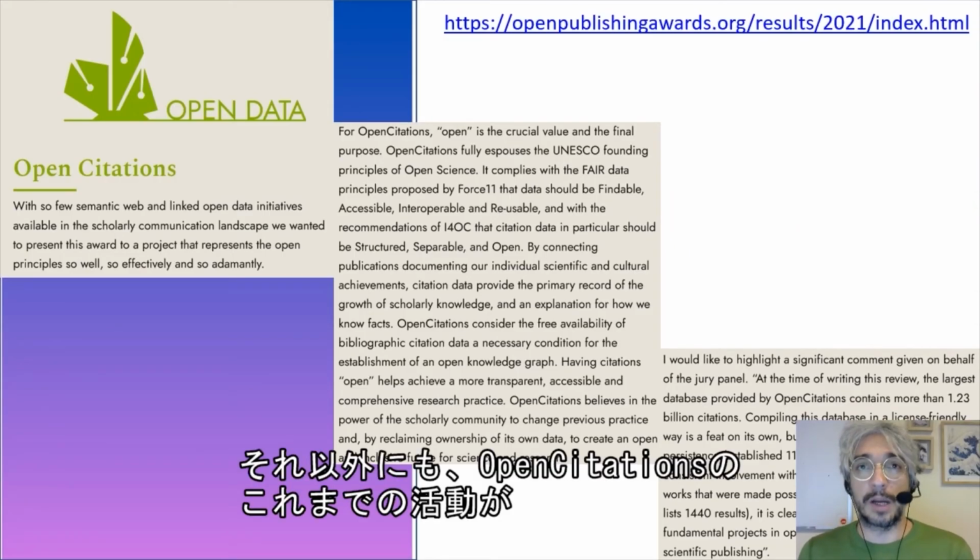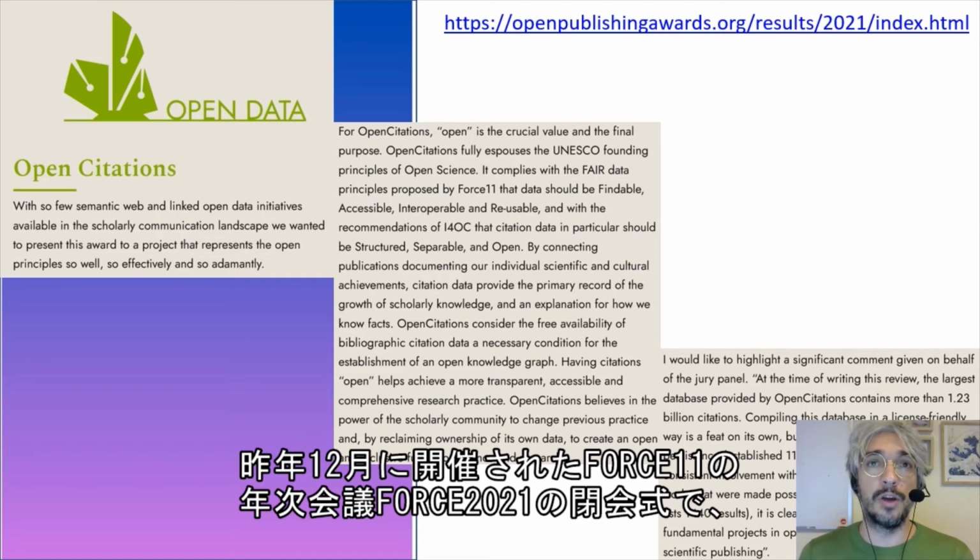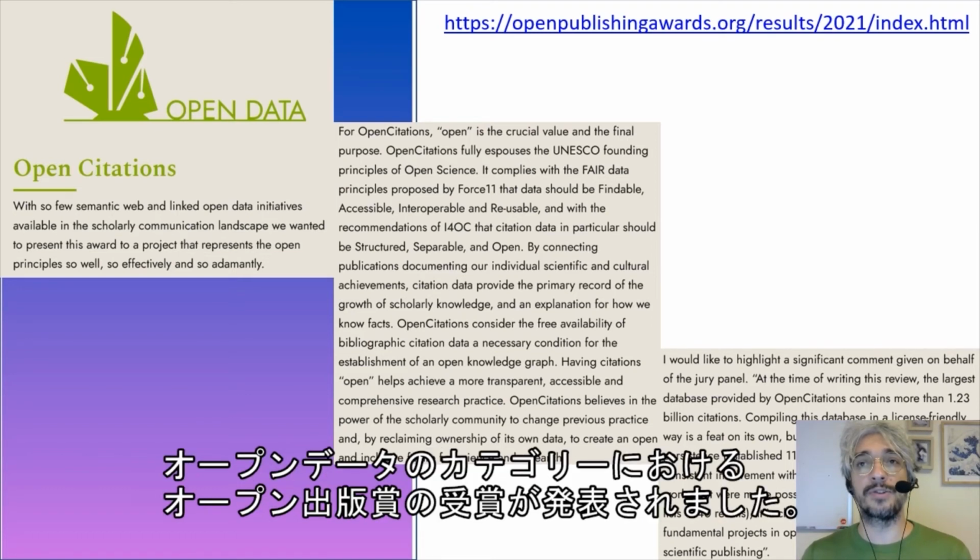An additional recognition by the scholarly community of the activities OpenCitations has done so far was the Open Publishing Award in the category Open Data that was announced during the last FORCE2021 conference in December, in the closing session.